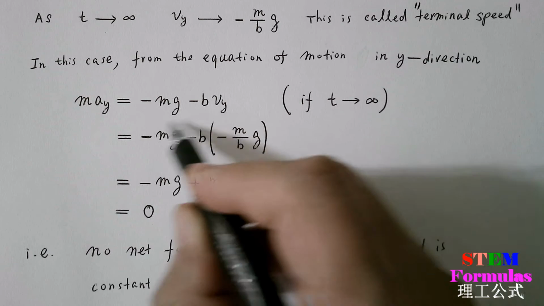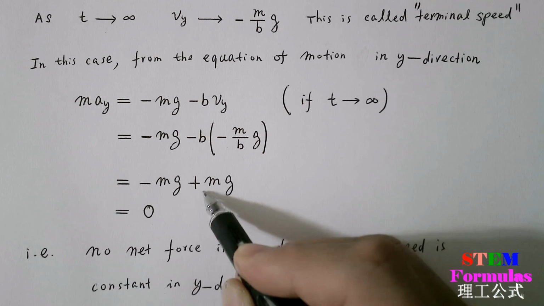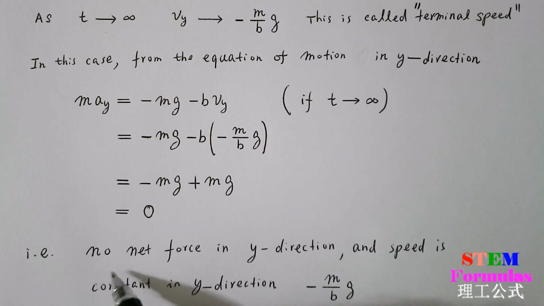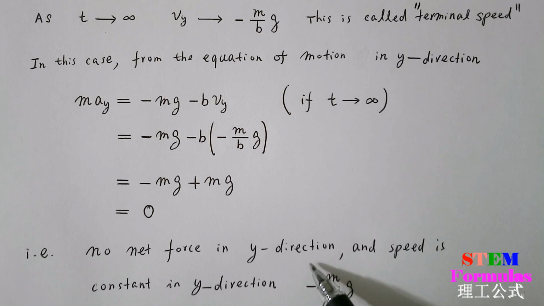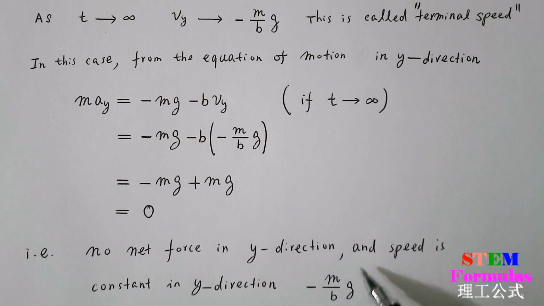Then we simplify the right side, we get minus mg plus mg equal to 0, i.e. no net force in y direction as time approaches infinity, and the speed is constant in y direction, which is minus m divided by b times g.